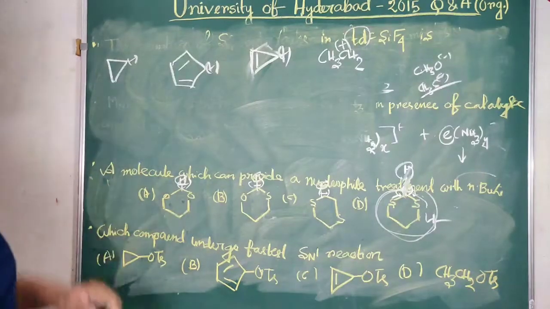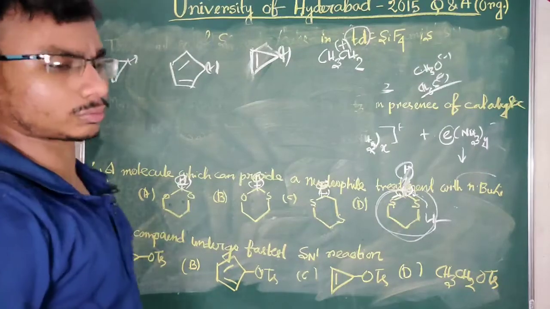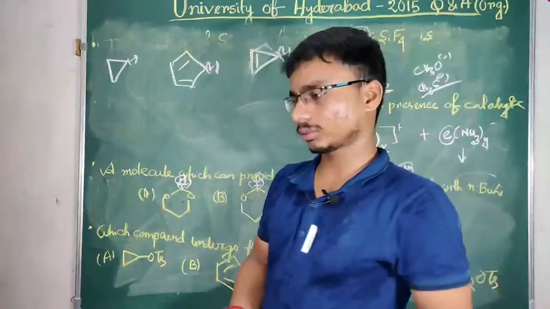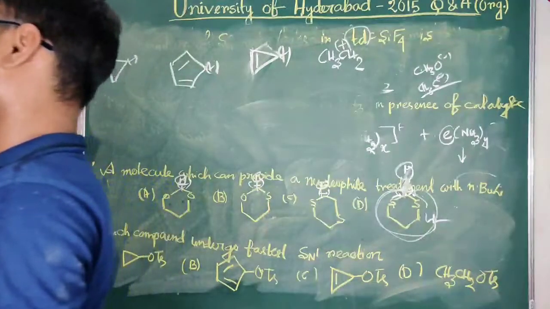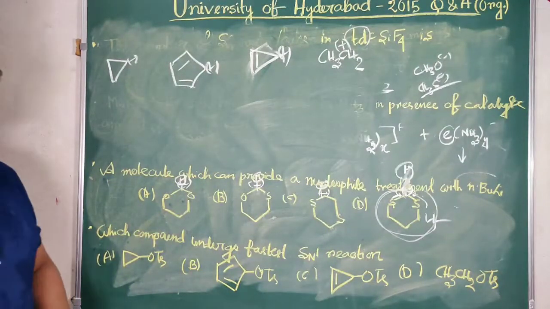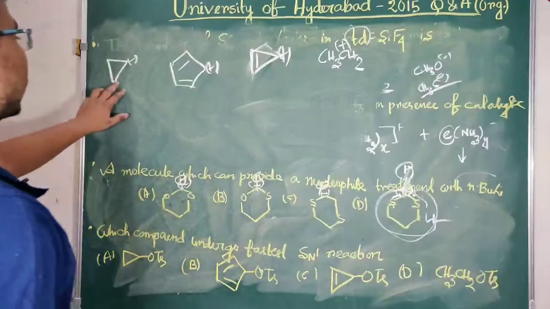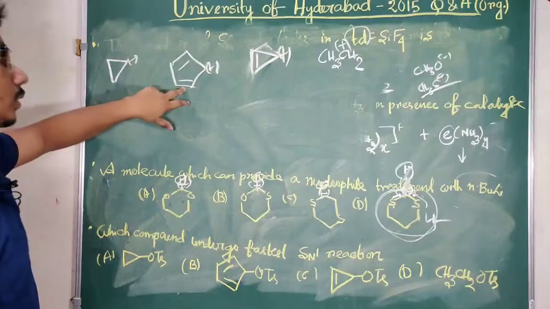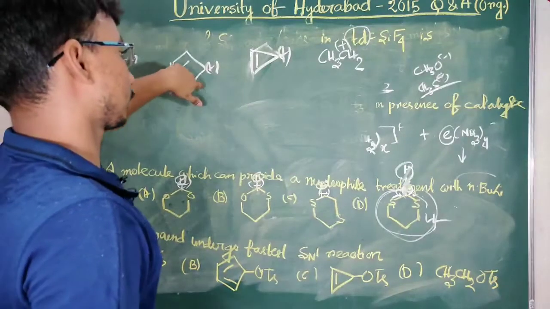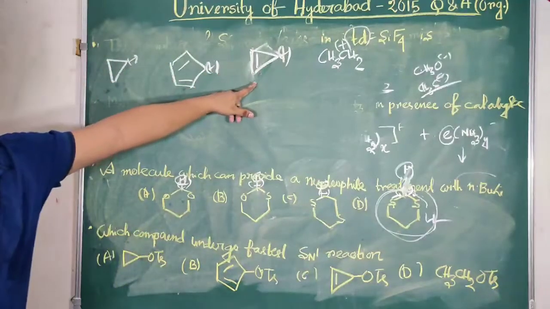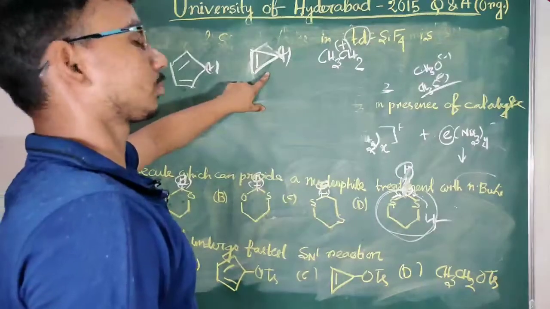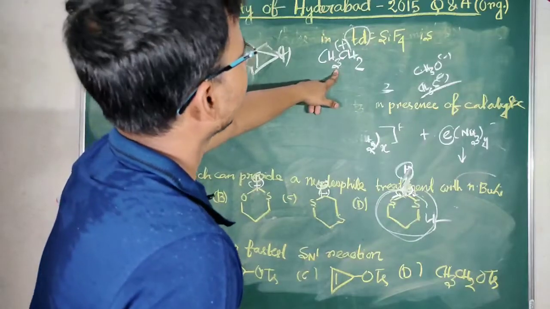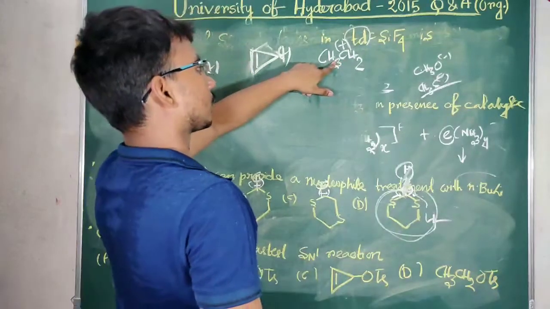As most of the compounds here are cyclic and have pi electrons, you can also determine the aromaticity. This compound is anti-aromatic, a 4 pi electron system. This compound also is a 4 pi electron system and anti-aromatic. This compound, a 2 pi electron system, is aromatic. It seems the most stable, and this is also a carbocation with 3 alpha hydrogens.